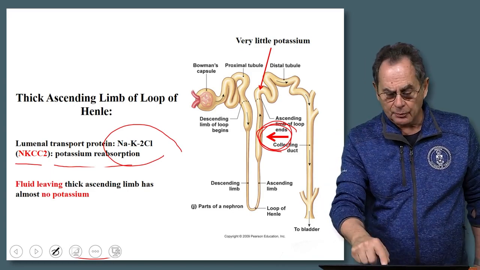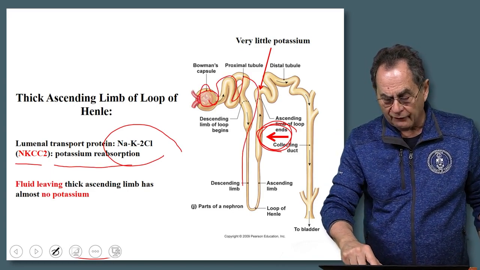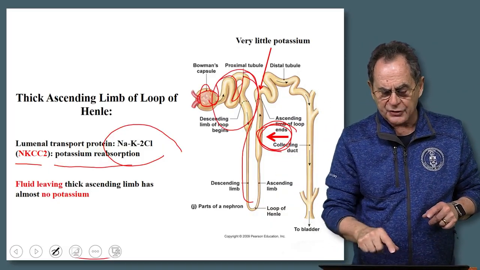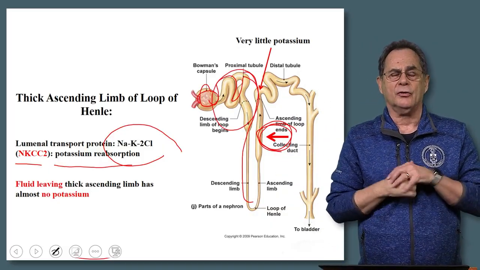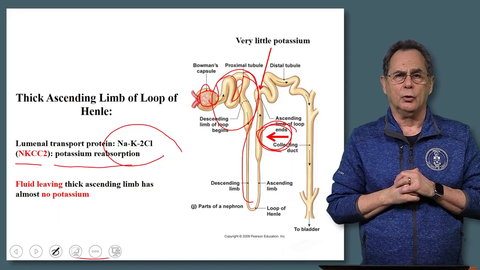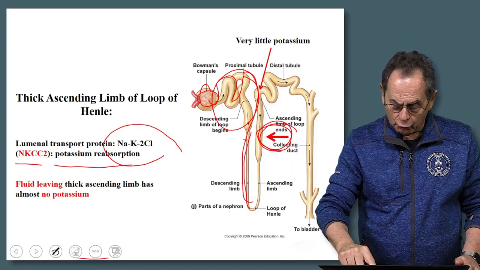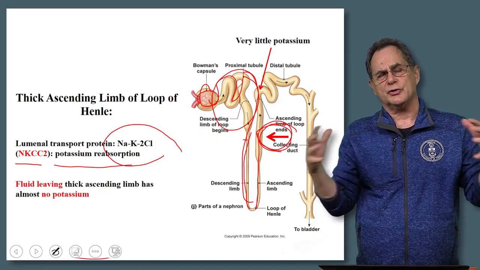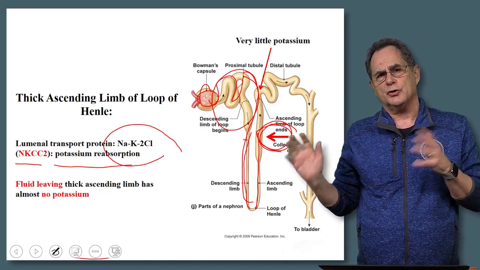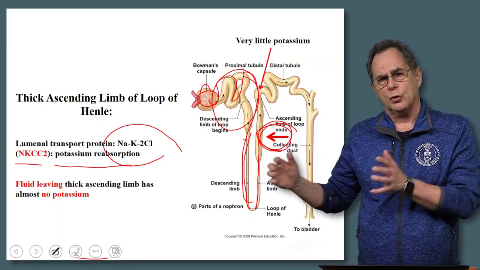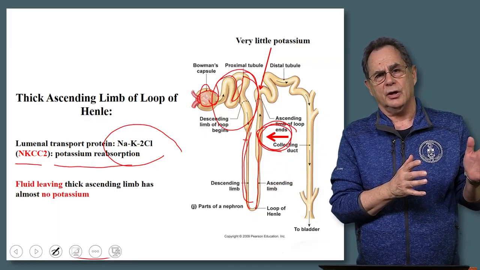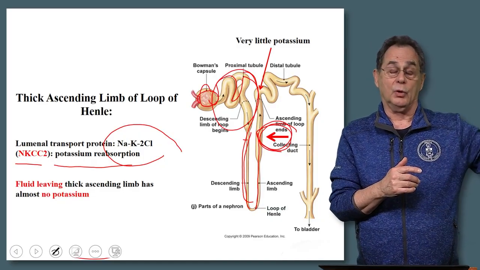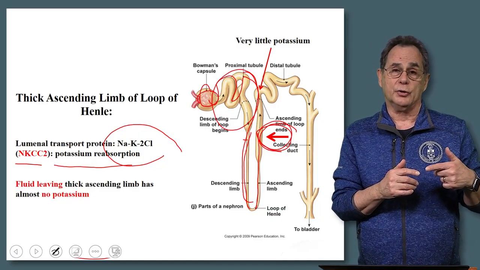So if you and I enter Bowman space and we ride through the nephron, looking around us, what are we going to see? Well, we're going to see a lot of potassium disappear by the time we get to the end of the proximal tubule. And then as we zip down the loop of Henle and come up the thick ascending limb, all of a sudden the potassium is going to start to leave again because sodium-potassium-2-chloride transporters will shift it out of the lumen into the cell, where it'll be pumped out, transported out into the peritubular space.